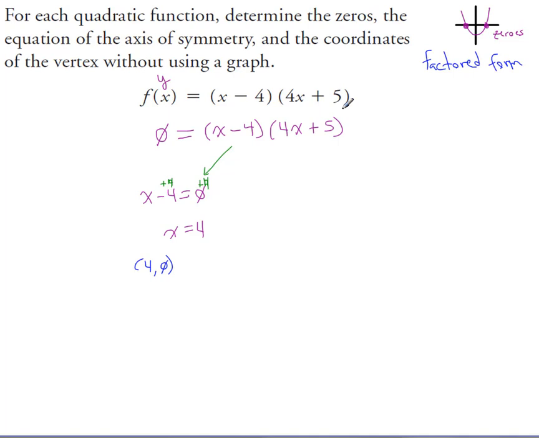Let's do the same for the other one. So we've got 4x plus 5 equal to 0. Let's solve for x. First, let's subtract 5 from both sides. Now let's divide both sides by 4.